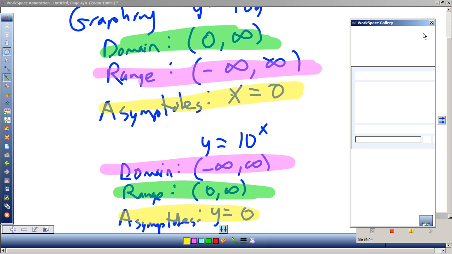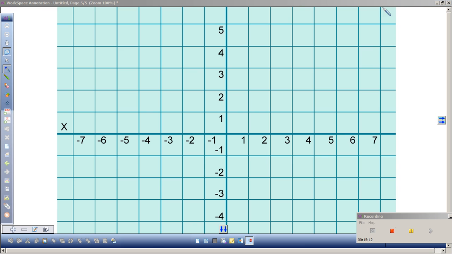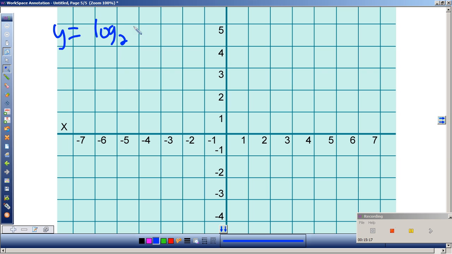Now, what about graphing one of these manually? So, graphing a logarithm. Y equals log base 2 of x. Because I'll say very likely on the test, they'll be on the no graphing or no calculator part, perhaps of this.